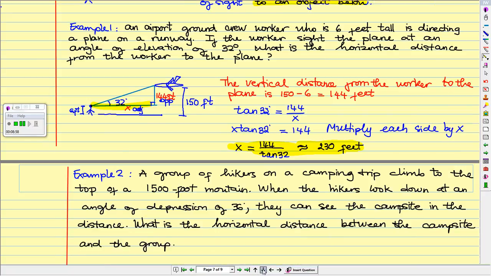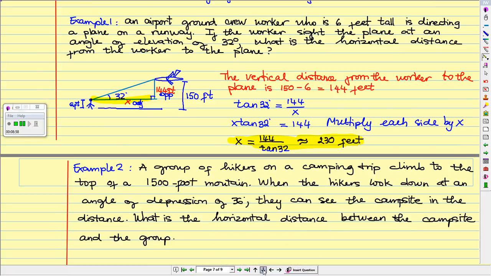Okay, let's move on to example 2. Let's read example 2 and draw a picture. When we read, we'll highlight the important facts. A group of hikers on a camping trip climbed to the top of a 1,500 foot mountain. So this is the height.